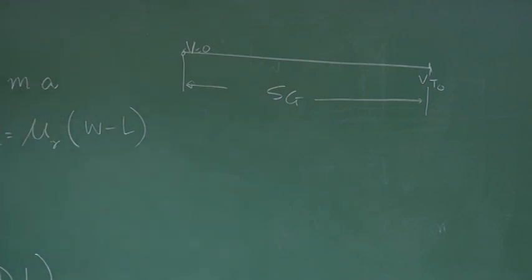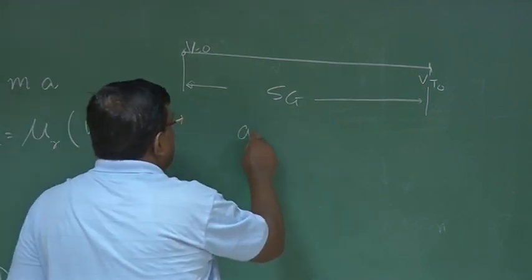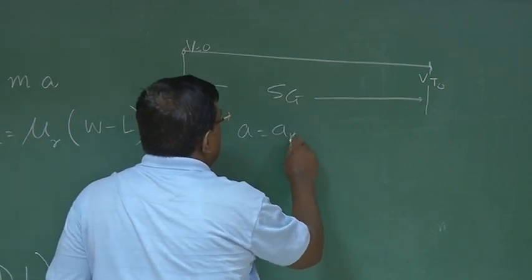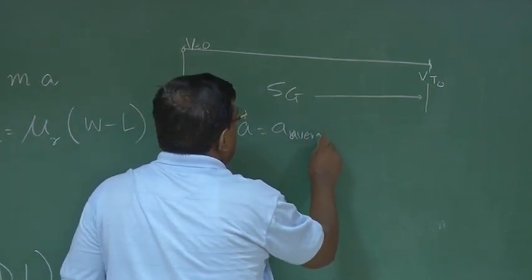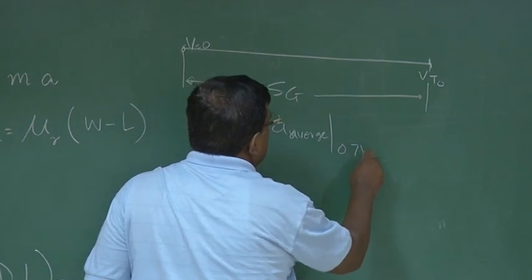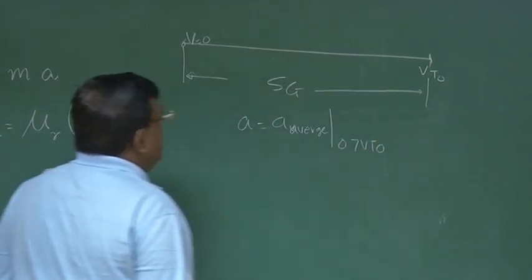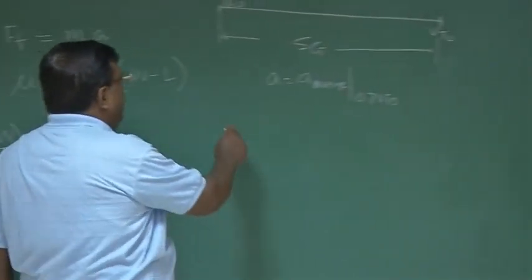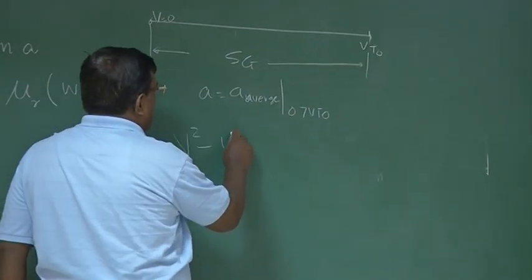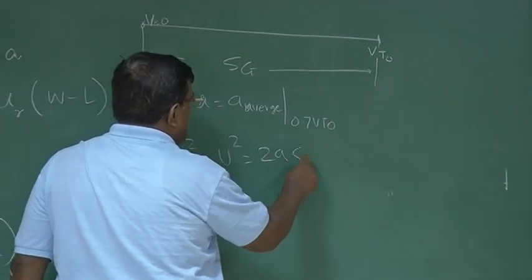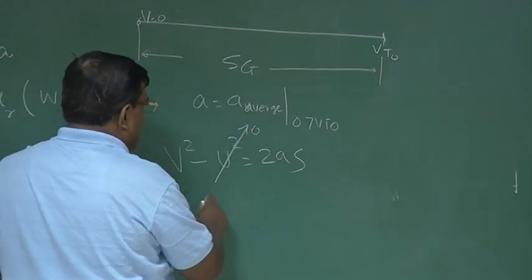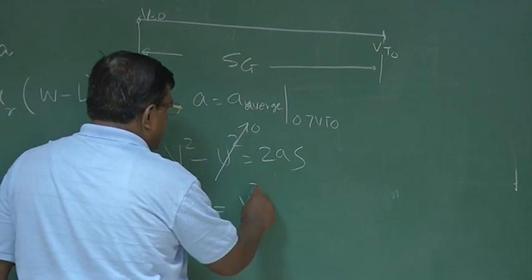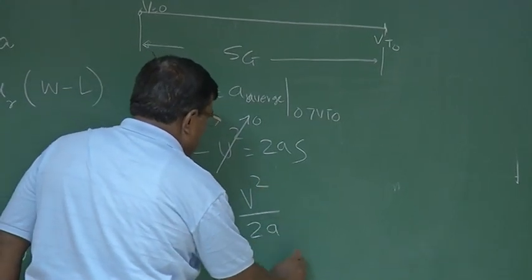I call this distance SG. So now tell me, if A is A average, evaluated at 0.7 V takeoff, then what is the problem? Then simply I go for this v square minus u square equal to 2as. I know initial velocity is 0, so I know v square equal to 2as.